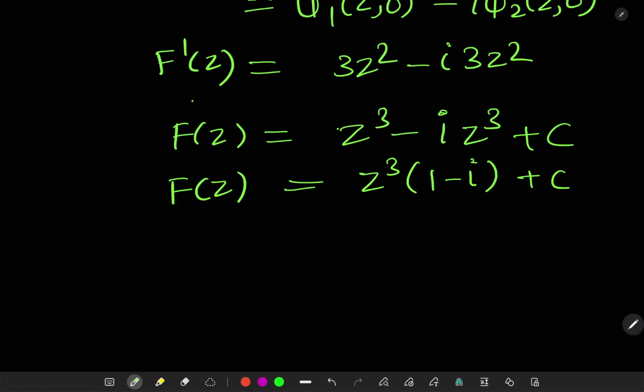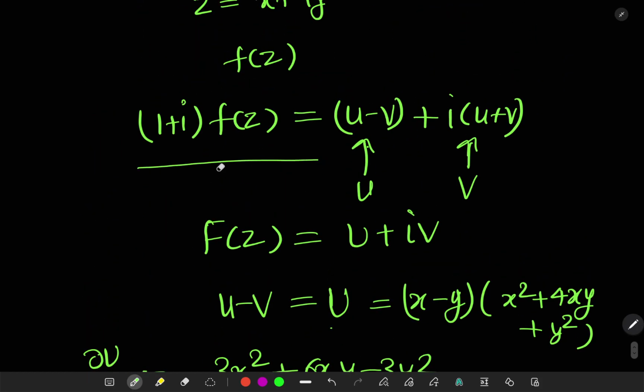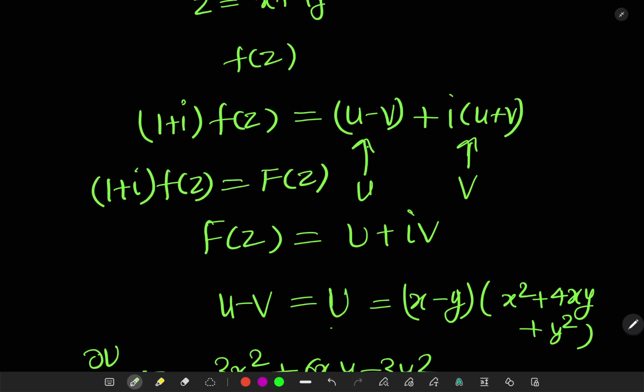Now put this value in this condition. Here 1 plus iota small f z equals capital F z.